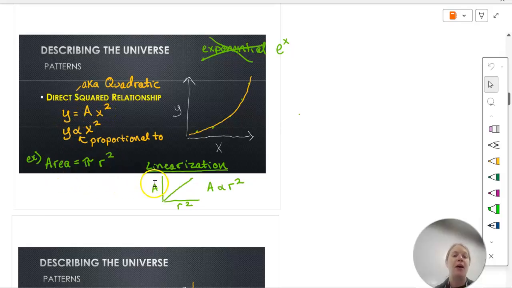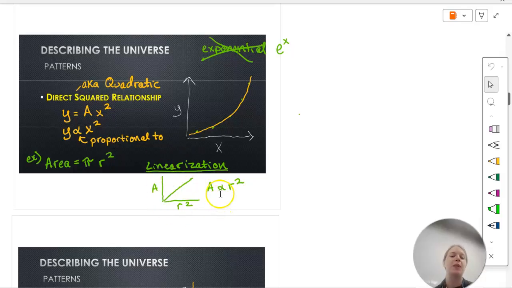And something we're going to do a lot in this class is linearization. So we can prove that area is directly related to radius squared by squaring the radius and plotting that with respect to the area, and seeing if it's a linear relationship.